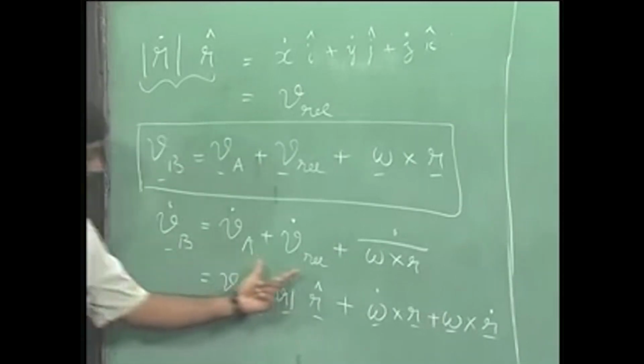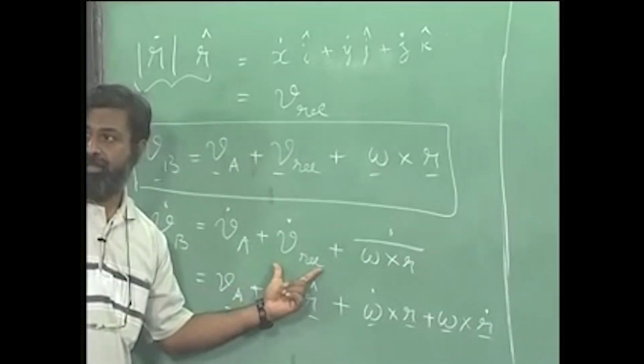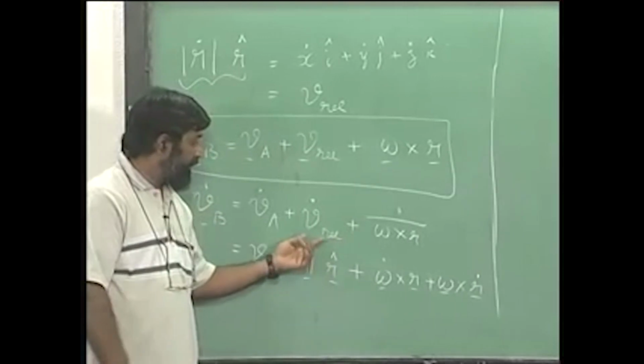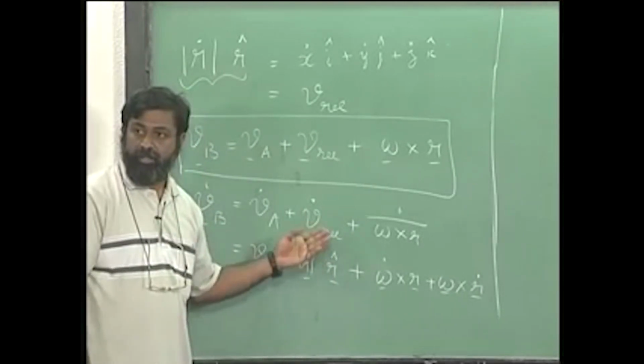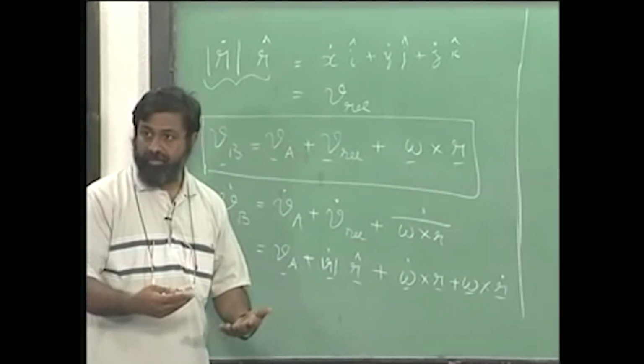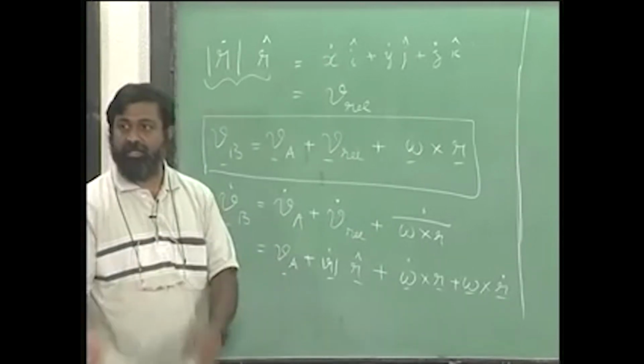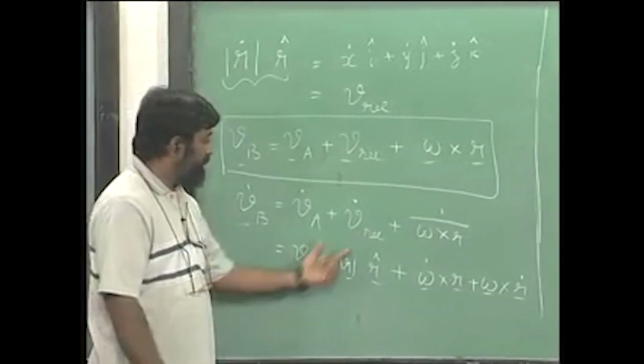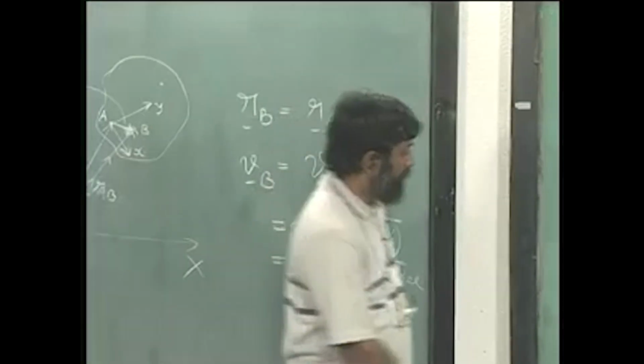Remember, V dot relative is a vector again, and if I take a derivative of that, I will have to take the derivative of the magnitude as well as the direction, and that is an important thing that we have to do. Oh, this whole thing dot.